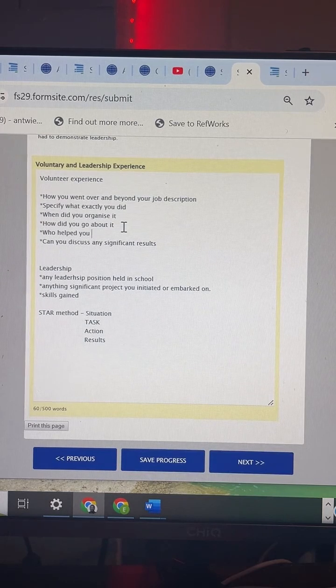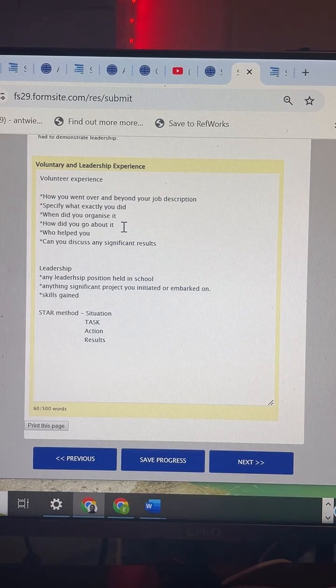And then the last one will be the voluntary and leadership experience. So apart from your normal job role, have you gone over and beyond your job description and conducted something different? So it can be like the candidate that we were discussing.